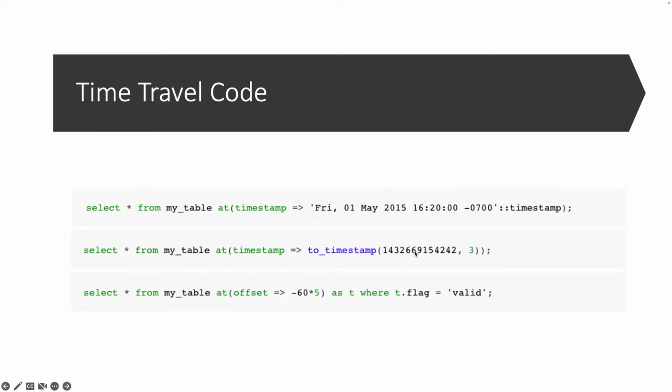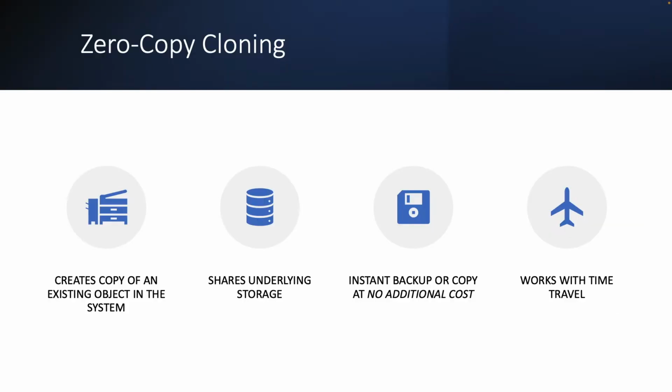Same thing with this specific timestamp. And here's an example of using offset, right? We're actually looking to select the table from 5 minutes ago. So a really quick, easy way to fetch old data without having to go through multiple steps and waste resources.